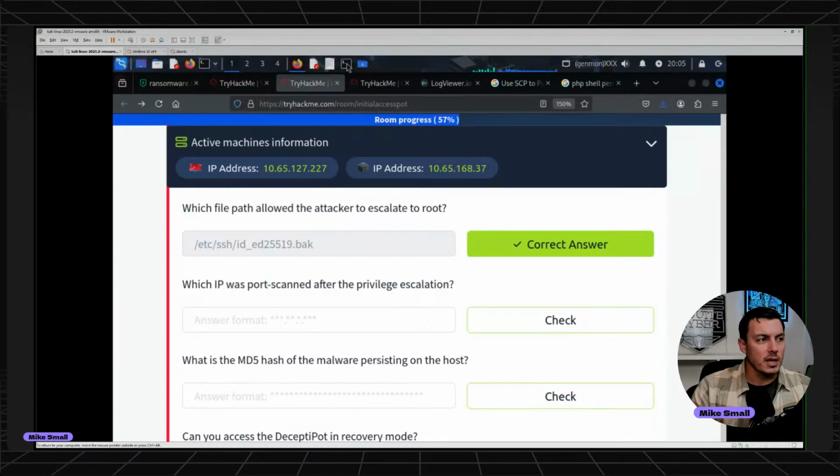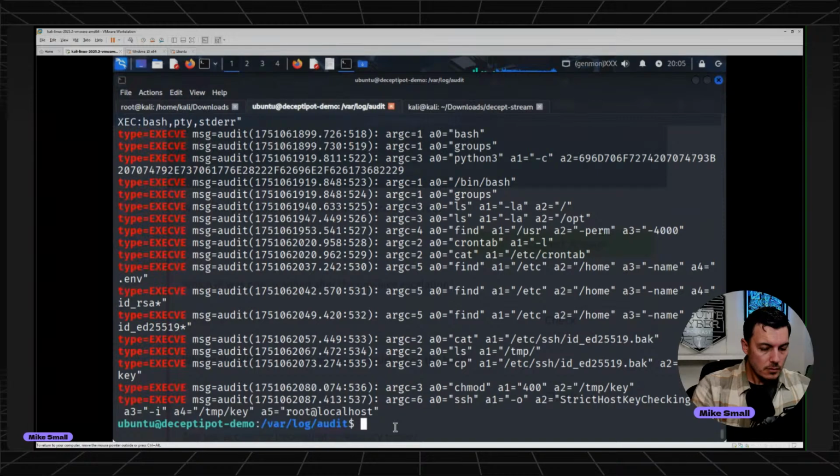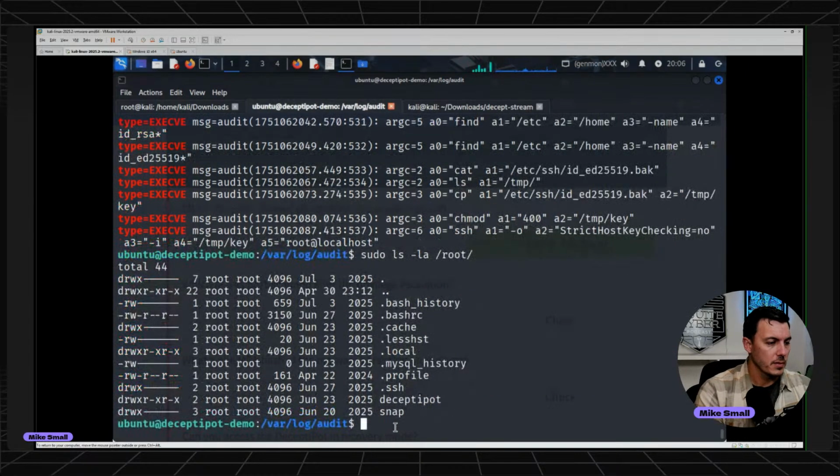So let's navigate, and we're going to have to do sudo here, sudo ls, and it's going to be root. We're probably not going to be able to see it without ls -la. There we go. And in here, we can see a bunch of things. We have MySQL history, but what we're super excited about is the bash history at the top.